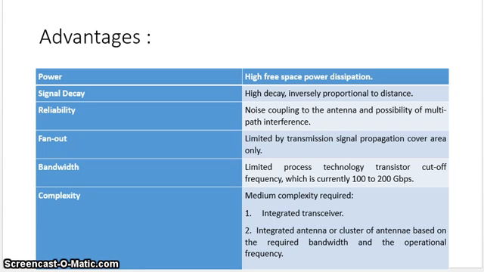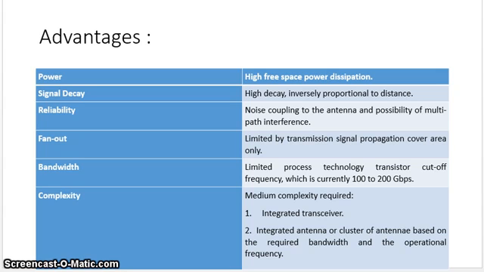Now we're going to discuss wireless network on chip characteristics. In terms of power, it has high free space power dissipation. As per signal decay, it has high decay inversely proportional to distance, and reliability, noise coupling to the antenna and possibility of multipath interference. Next, fan out. It is limited by transmission signal and signal propagation cover area only.